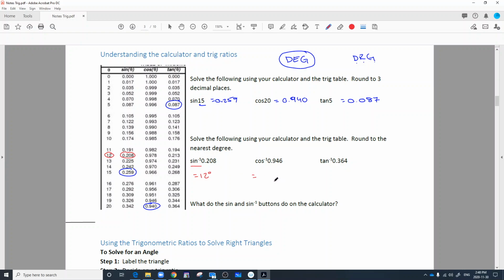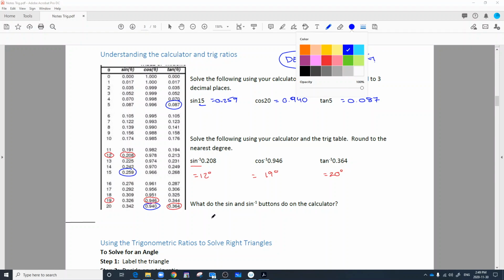So if I plug into my calculator inverse cos of 0.946, it's looking up this ratio, and it's going to tell you that the angle is 19 degrees. If you plug into your calculator inverse tan of 0.364, again, it's looking for the ratio, and it's going to tell you that that ratio gives you an angle of 20 degrees.